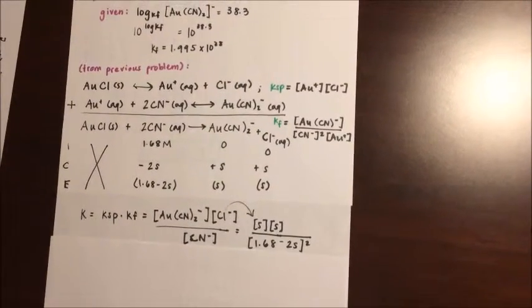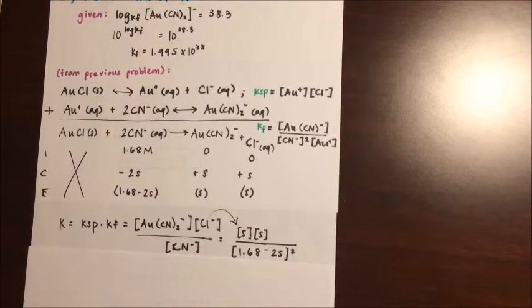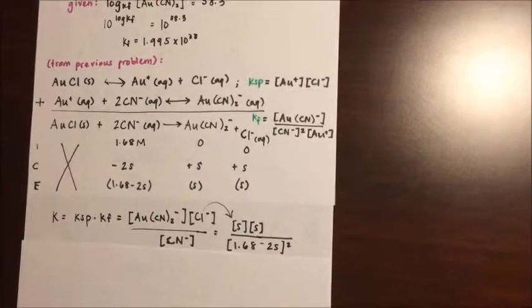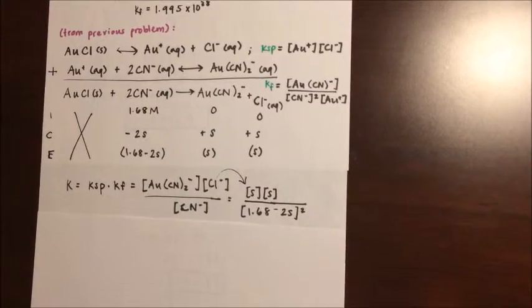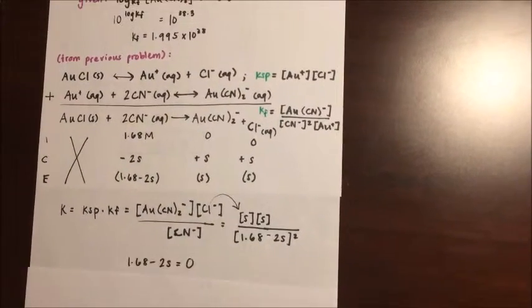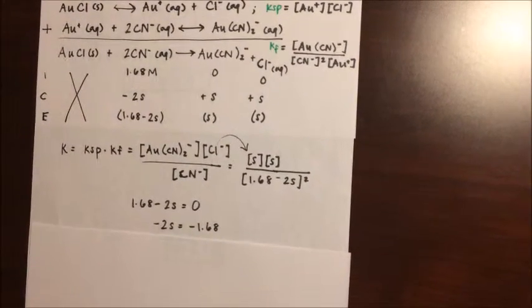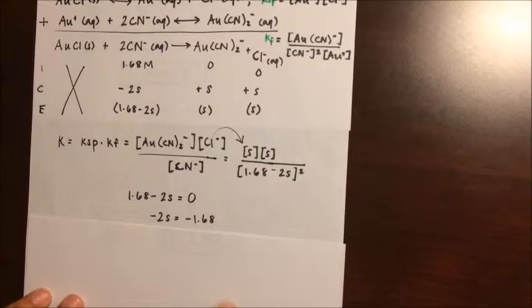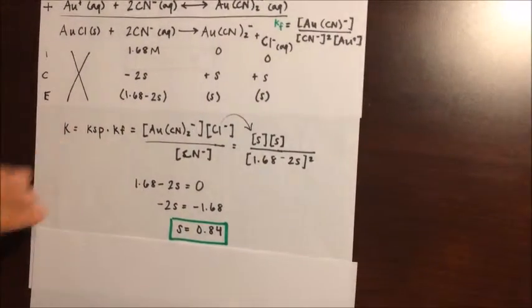However, you can't solve for solubility this way because you're given an initial concentration of 1.68. If you do it this way, you would actually end up with a negative value, meaning your reaction has been completed. Instead, what you do is you take your 1.68 and you subtract 2s, and you set it equal to 0, solving for s, and your solubility should equal 0.84.